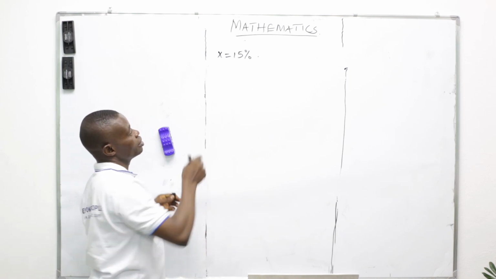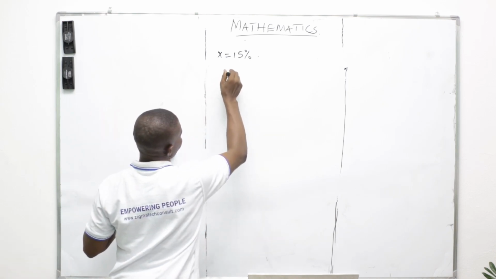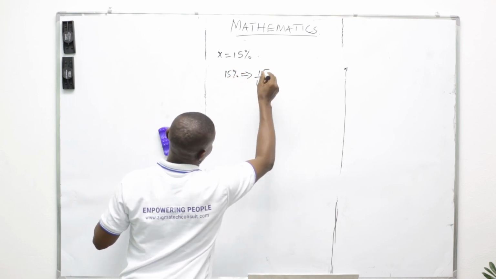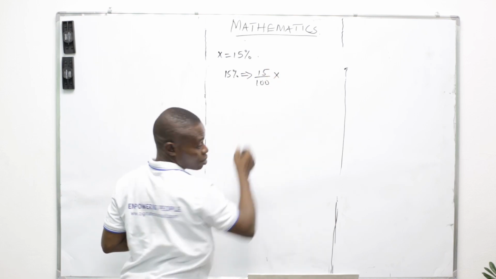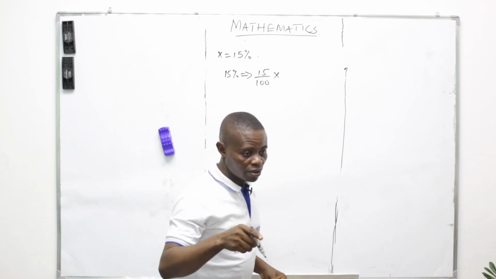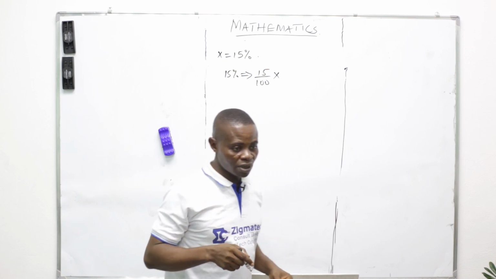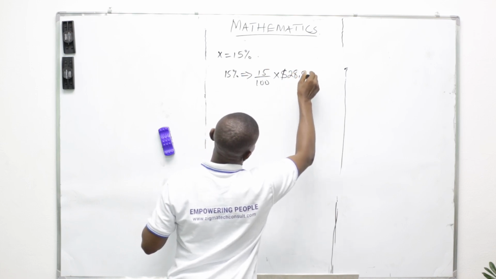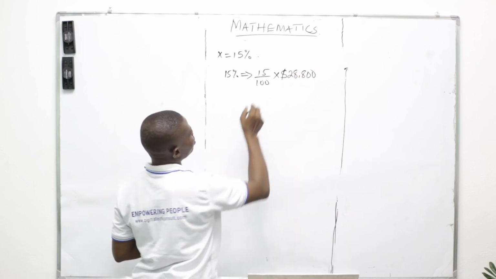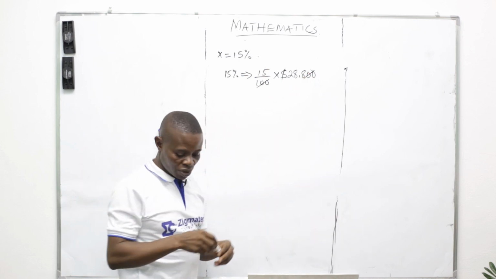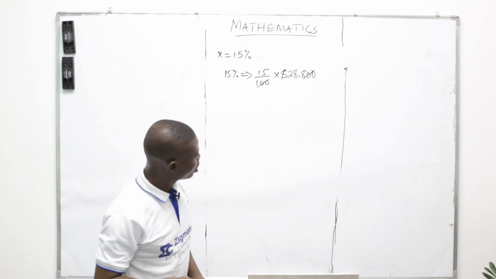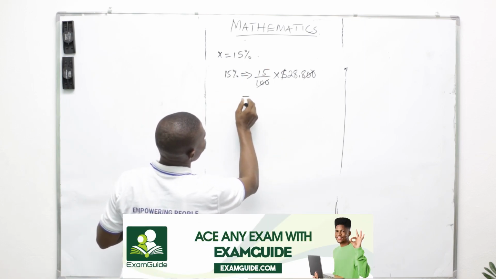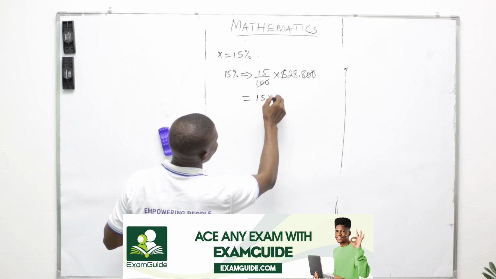That 15% implies 15 all over 100. Then times the what? The annual gross salary, $28,800. Okay, let's punch to get the solution. That's 15 times this.